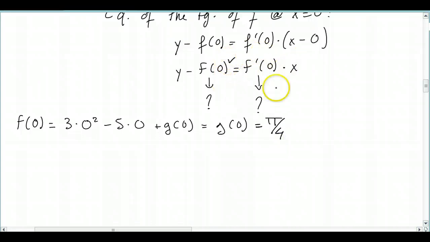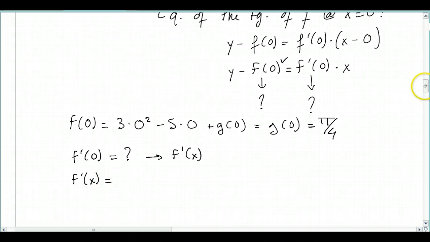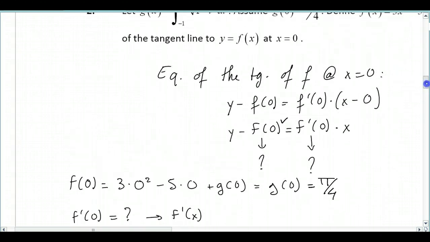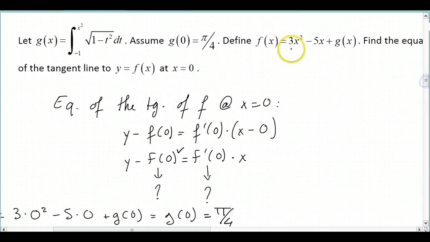We get this part. Let's get f prime of 0. So what is f prime of 0? Well, to get f prime of 0, you need to get f prime of x. Don't derive pi over 4, that makes no sense. That's pi over 4 is just the output. So what is f prime of x? Well, what is f of x? Here we go again. 3x squared minus 5x plus g of x.